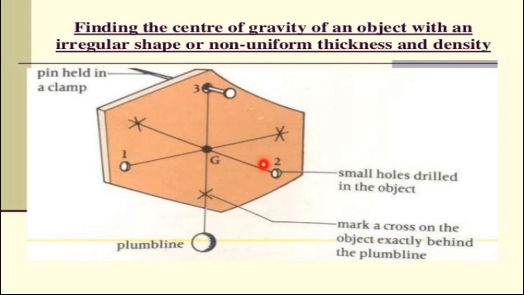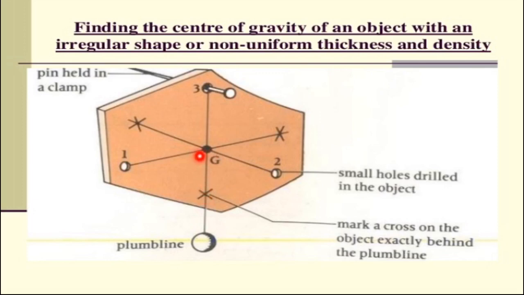Now repeat this procedure in all the holes. After that, remove the cardboard from the pin and draw straight lines with the ruler from each hole. Here, you can see the straight lines from each hole to the opposite cross.